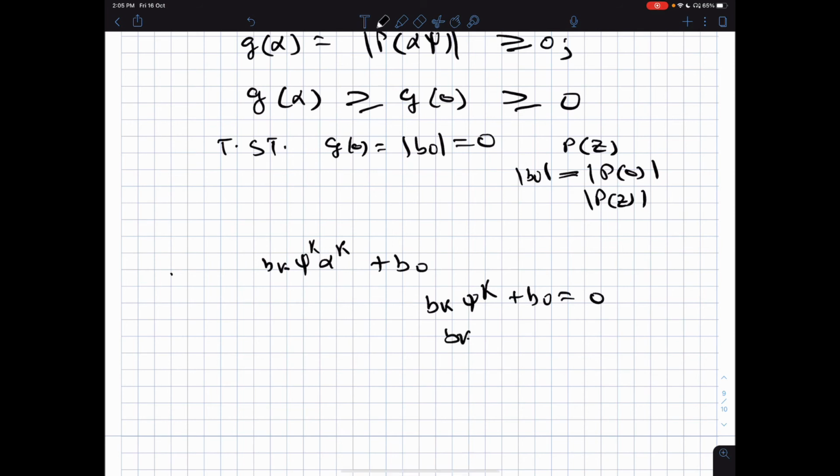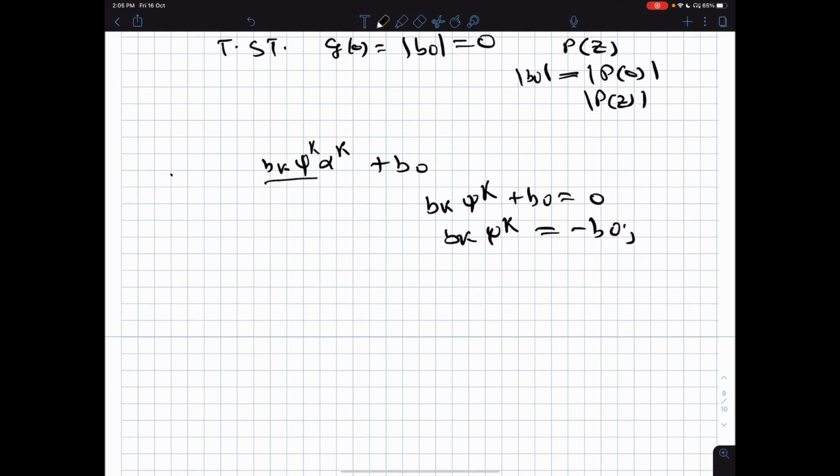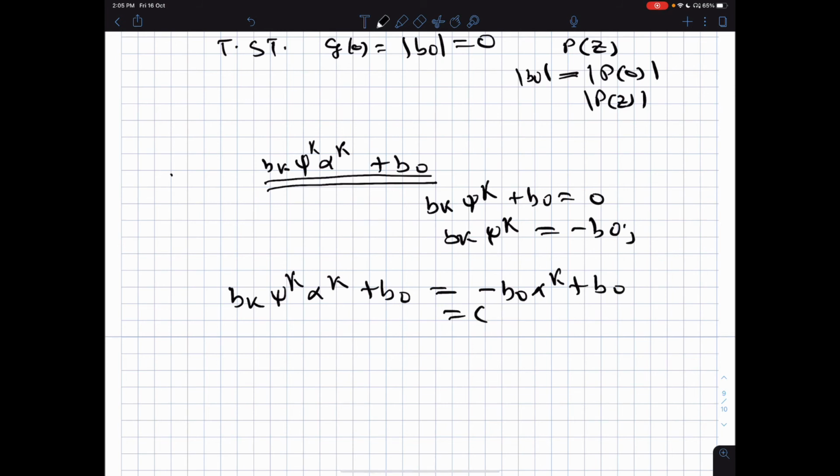So therefore b_k psi to the power k can be written as minus b naught. So therefore the summation of these two terms, b_k psi to the power k alpha to the power k plus b naught, can be written as minus b naught alpha to the power k plus b naught, or 1 minus alpha to the power k times b naught.